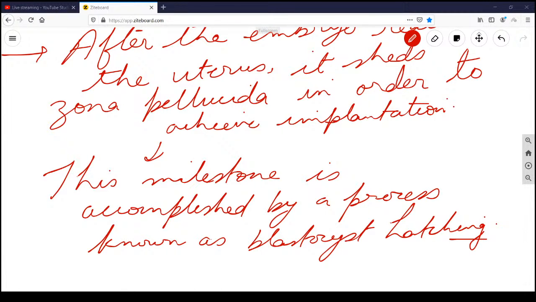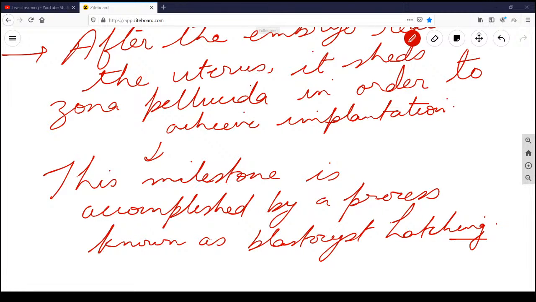Now, what happens is a small region of the zona pellucida, usually directly over the inner cell mass in primates like us and monkeys, dissolves and the blastocyst emerges from the hole. Okay, that is what happens. Suppose we talk about the rodents, because that's where the research has happened.